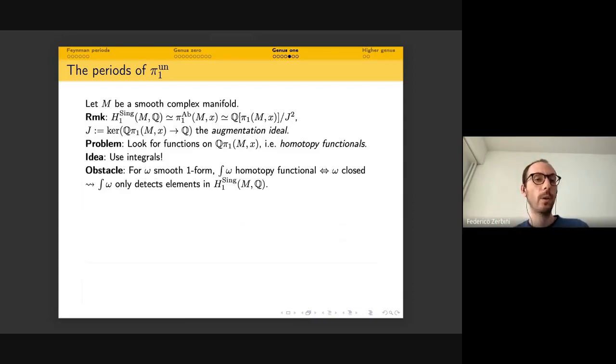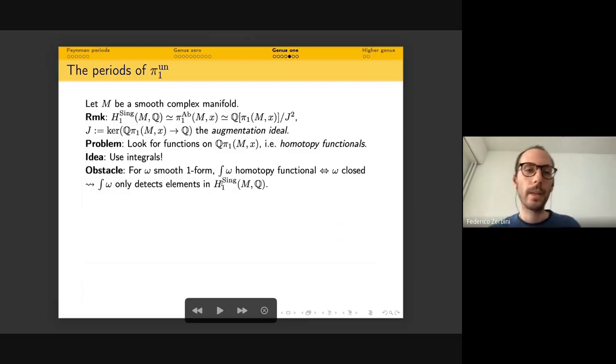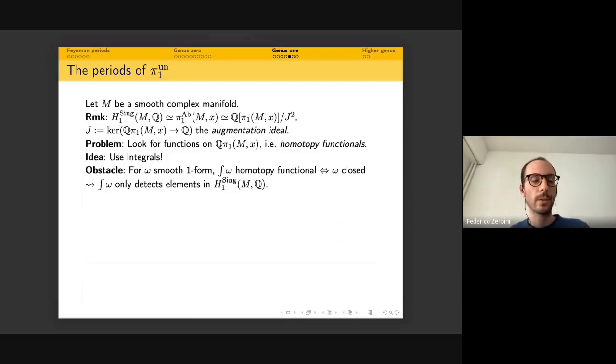But if your form is closed, then it can only detect elements in H1, in the abelianization of your fundamental group, because that's de Rham's theorem. If you have some element in the fundamental group which vanishes in the abelianization, then the integral of omega over that element will also vanish. If you want, this is a consequence of Stokes.